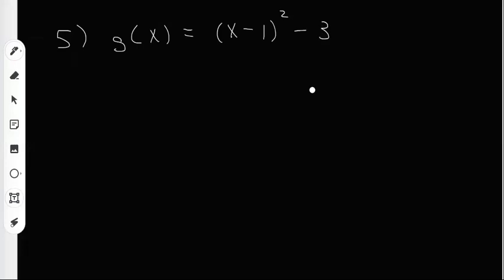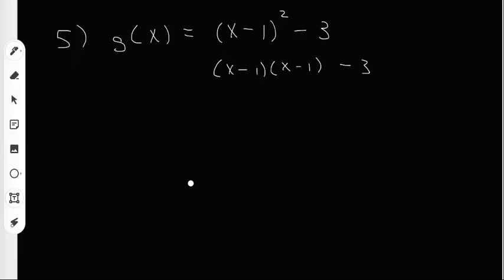So this one, the highest exponent is going to be 2. And I know that because if I was to expand this, I would have x minus 1 times x minus 1 minus 3.